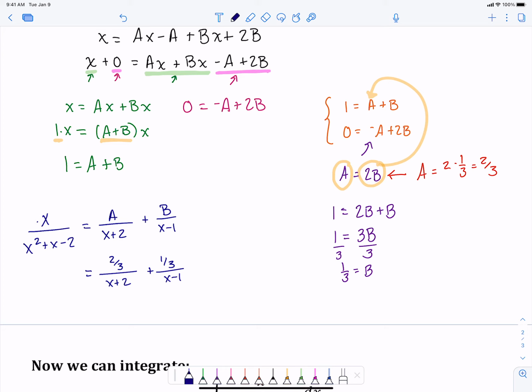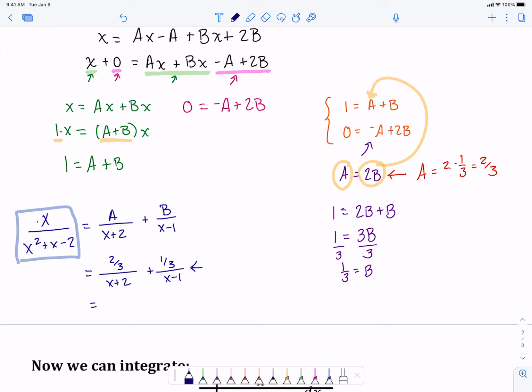So what we've discovered is that if you have 2/3 up there on the top, if we add these two fractions together, if we get a common denominator and add them together, we are going to get this rational function.